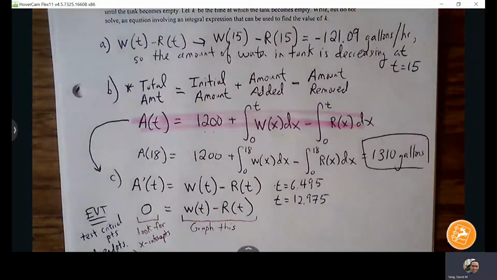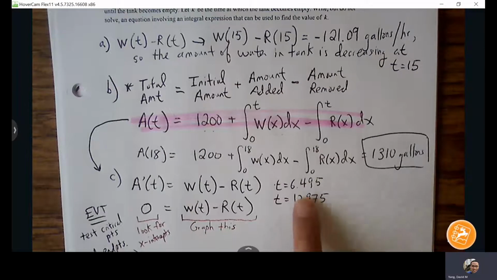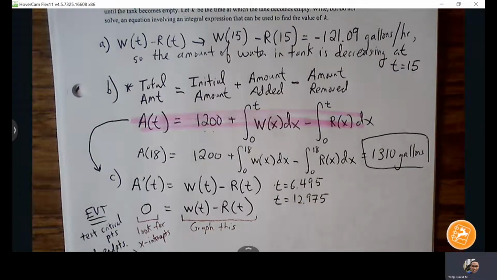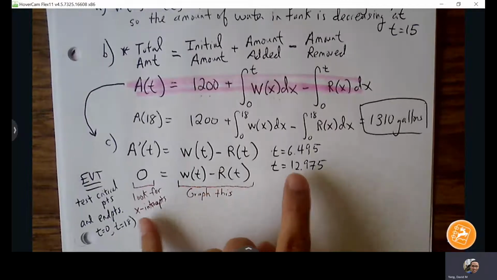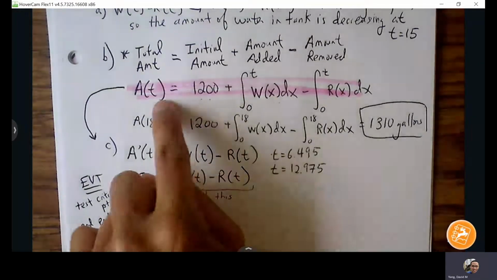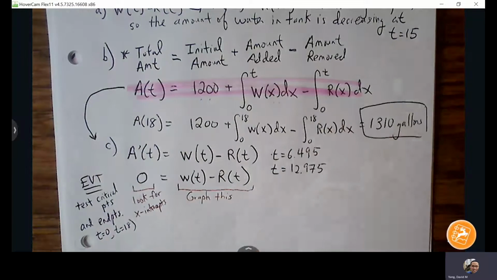Let me see if I can get these critical points to show up on the 36 Pro. Okay, go ahead and try this. You know you're testing these 4 points against your A of T, right?